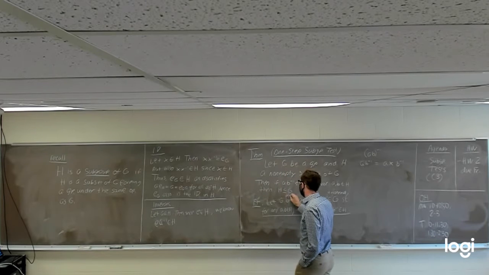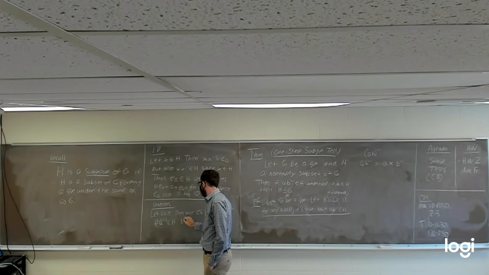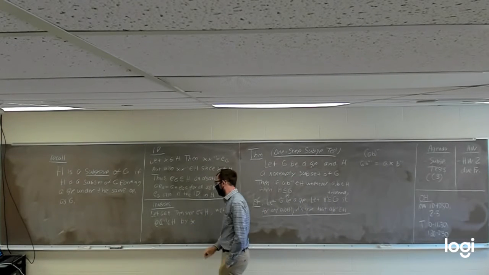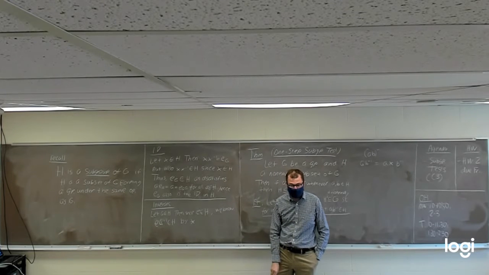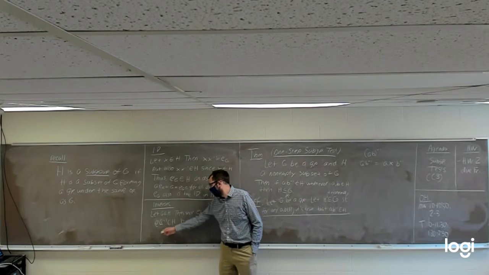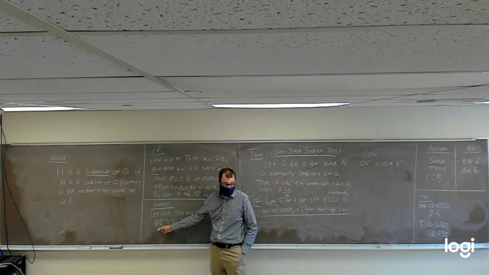I'm going to call this property star and say that by property star, we know E times A inverse has to be an element of H because it's equal to thing in H times inverse of thing in H, which we assumed is always going to be an element of H.